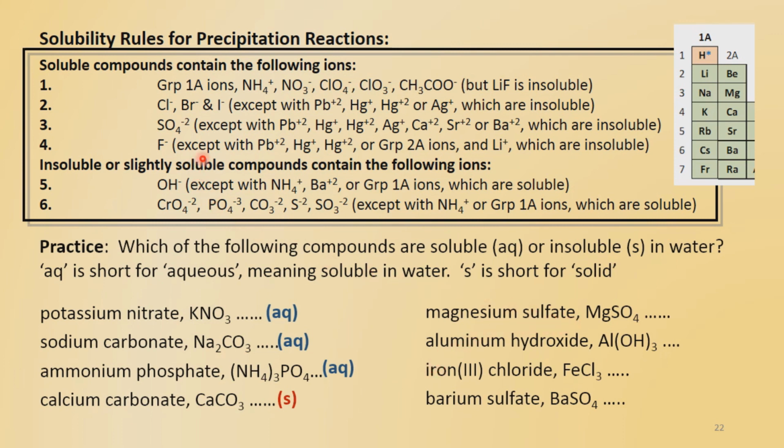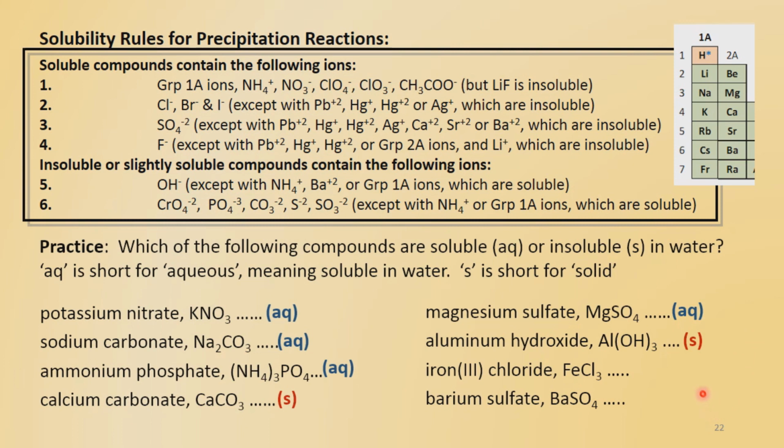We've seen that all sulfates are soluble unless they're combined with lead-2, mercury, silver, calcium, strontium, or barium, in which case they're insoluble. Magnesium is not one of these exceptions, and so magnesium sulfate would in fact be soluble. How about aluminum hydroxide? You see from the table that all hydroxides are insoluble unless they're combined with ammonium, barium, or group 1A ions. Aluminum is not one of those exceptions, and therefore aluminum hydroxide will in fact be insoluble.